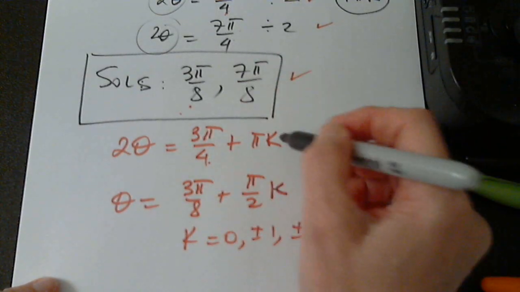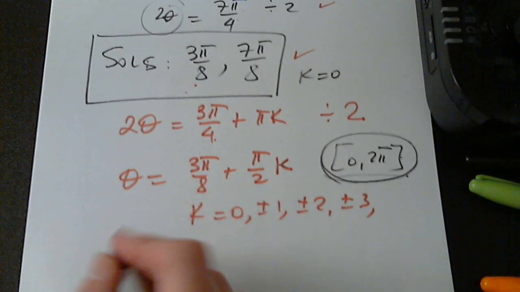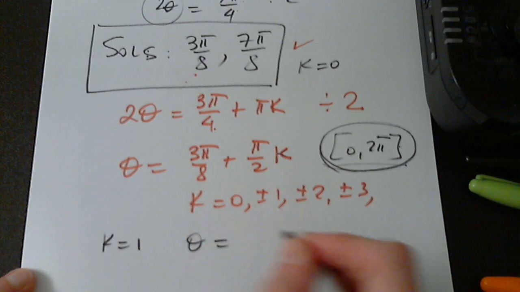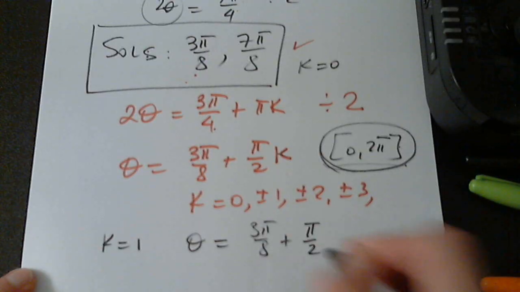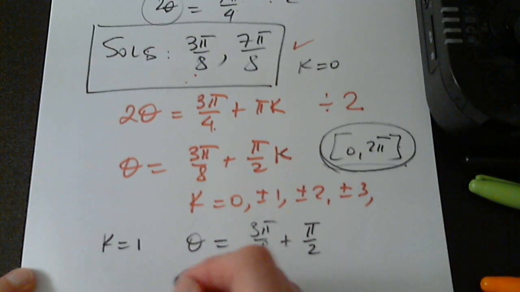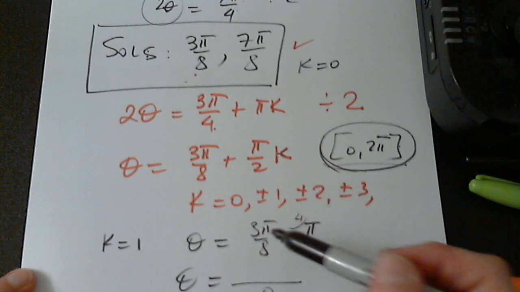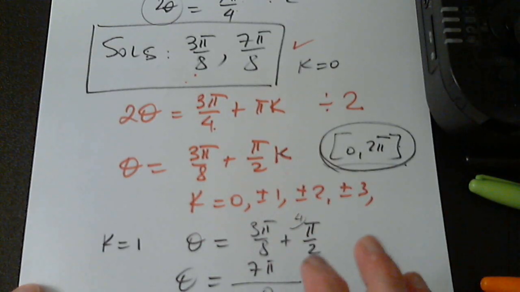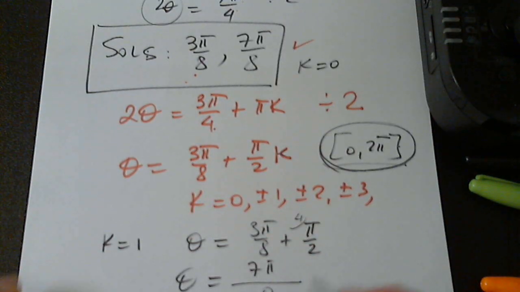Okay, so let's find more angles. These angles are obtained with k equals 0. Now I'm going to move on to k equals 1 and see what happens. Excellent. So theta equals 3 pi over 8 plus pi over 2. The least common denominator is 8, so this is 4, so 7 pi over 8. 7 pi over 8 is still a small angle, so we can continue.